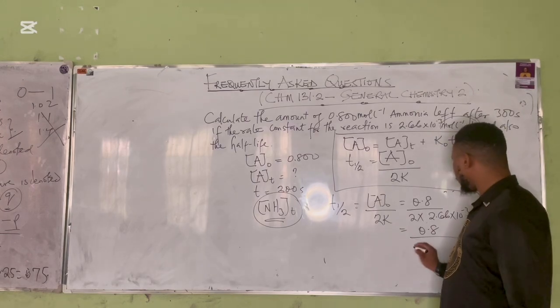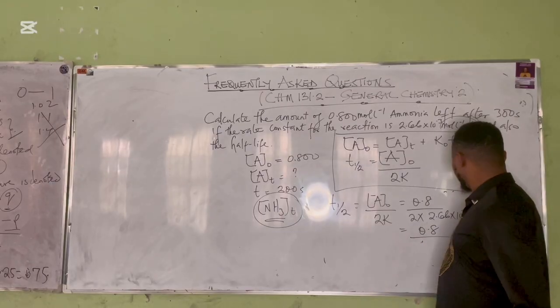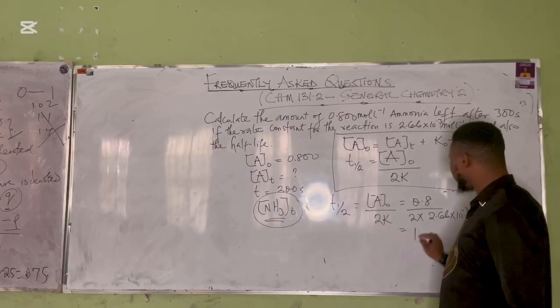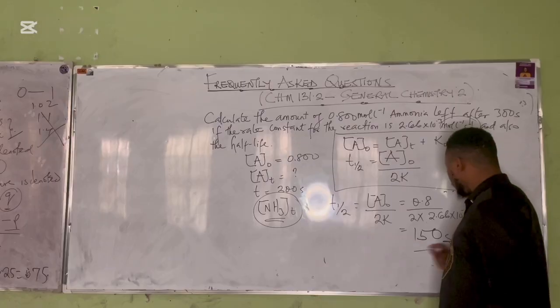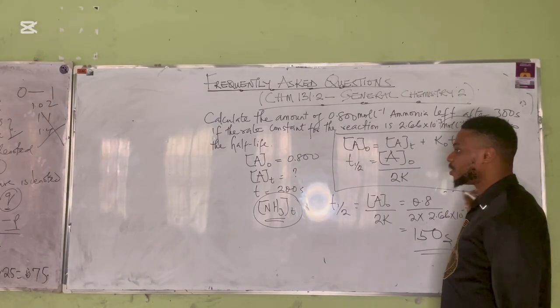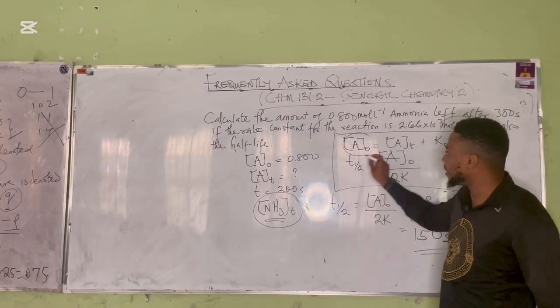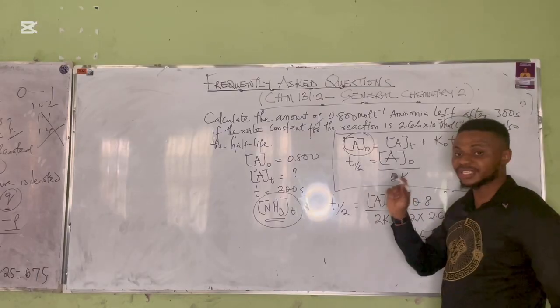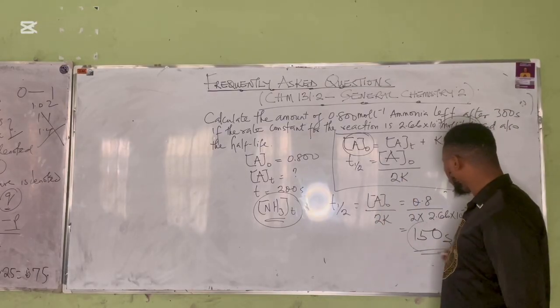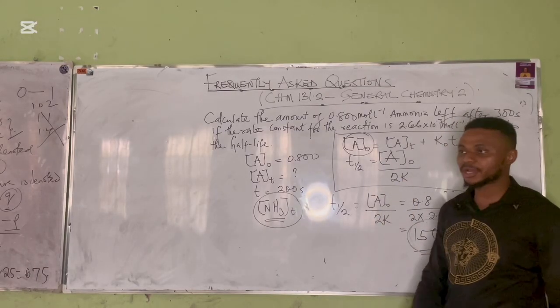Let's solve that quickly. This will give us 150 seconds. So the time taken for the initial concentration, A naught, to reduce to half its initial value is 150 seconds.